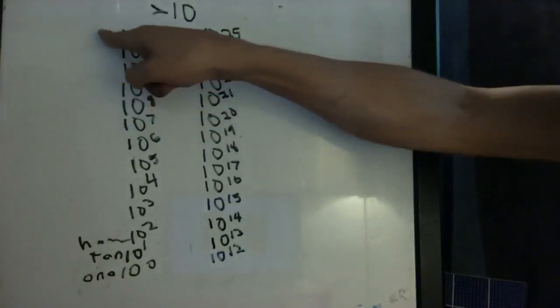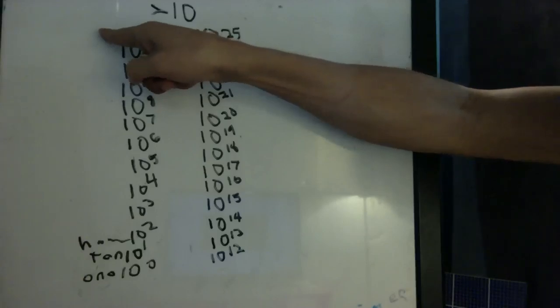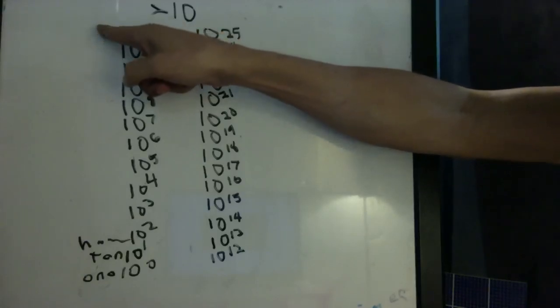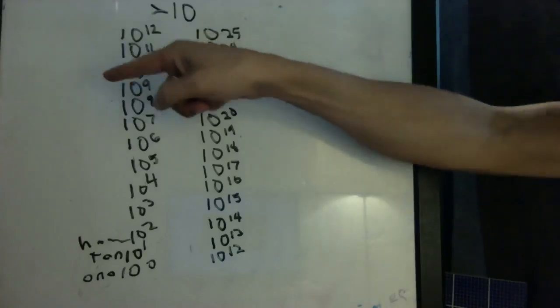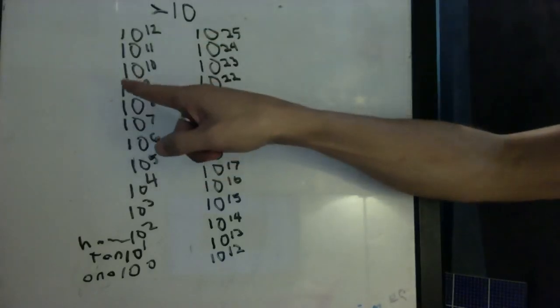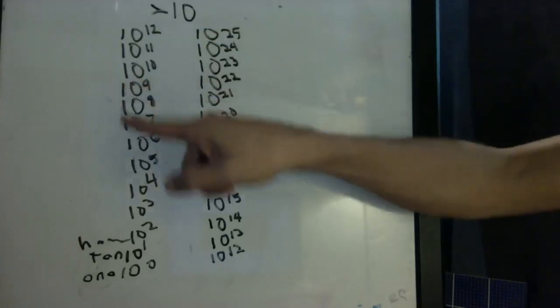All right, let's talk about some of the names. A chance to write everything down. Let's see here. At trillion, tera. So when we're talking about terabytes or terahertz, we're talking trillions. And come down to billion, which is way down here. Oh, let's write it.